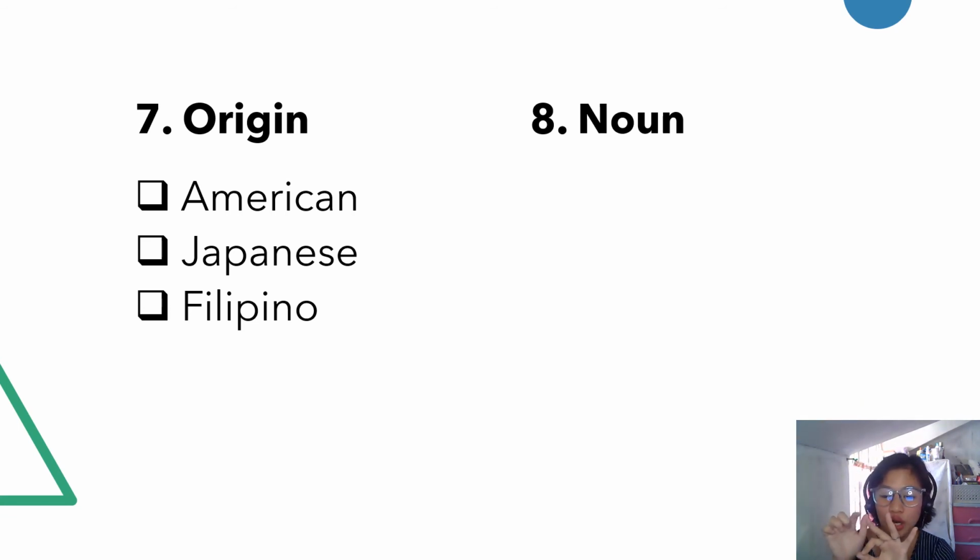Okay, origin of the noun that you are talking about or you are describing. Japanese cheesecake. Okay, next, a Korean tteokbokki. So, a is a determiner. Korean is the origin of the tteokbokki. Okay? Korean tteokbokki. Now, number 8, the last, noun.